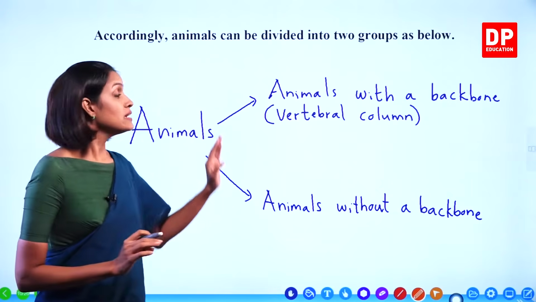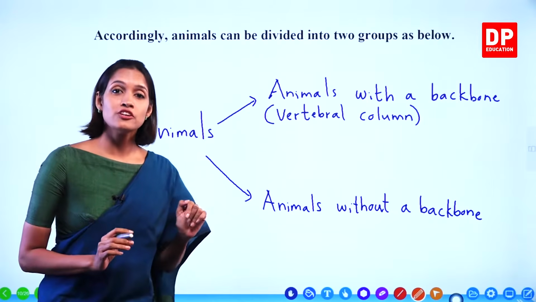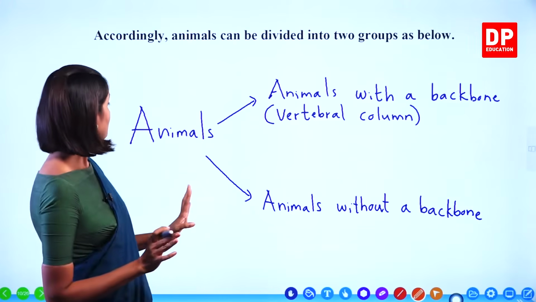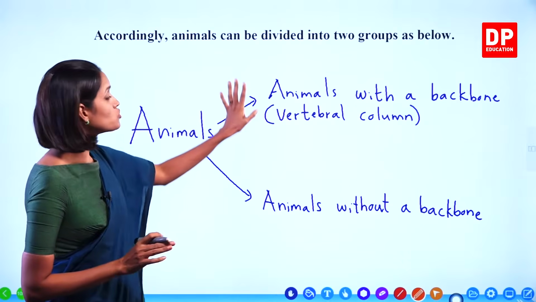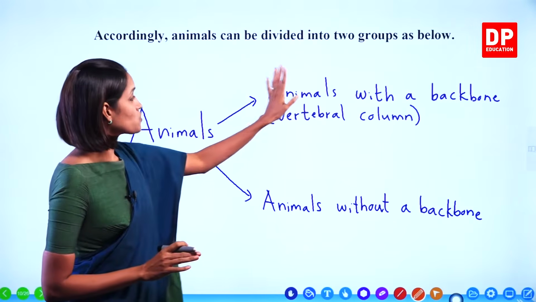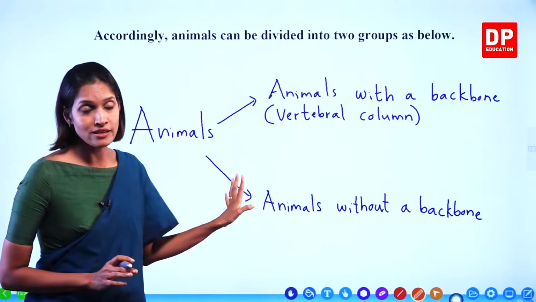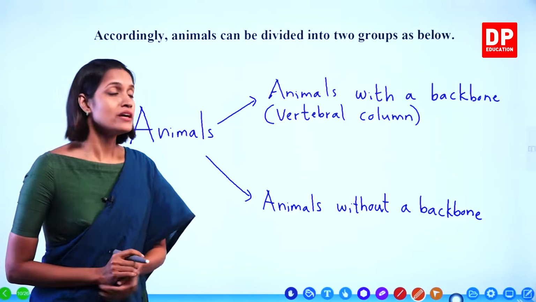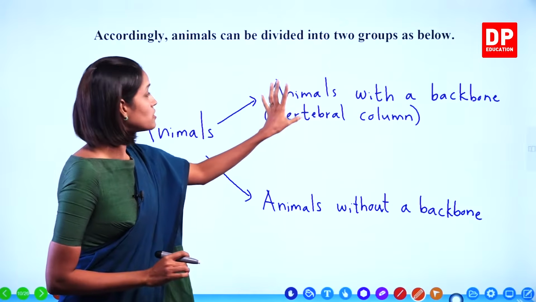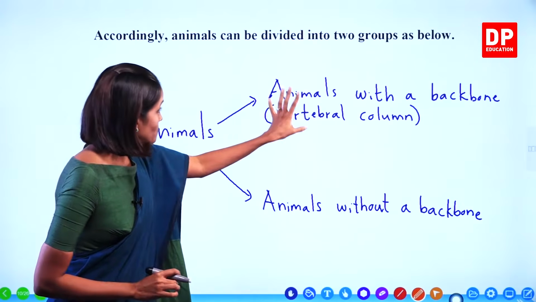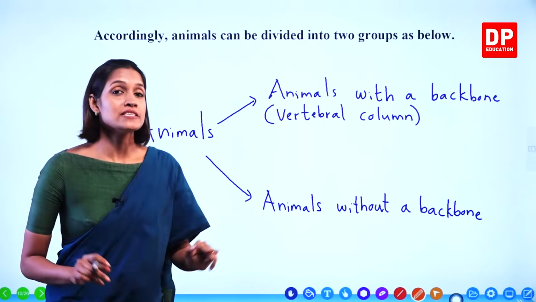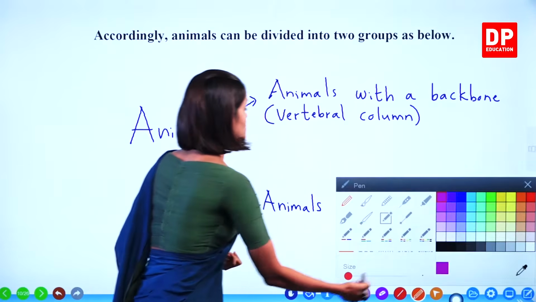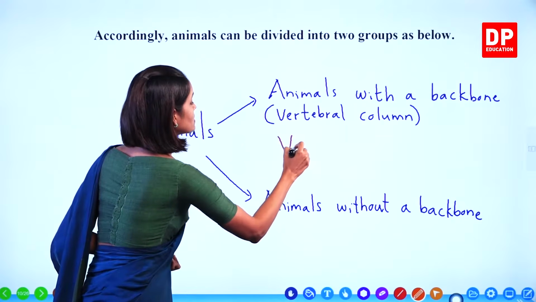I told you this is a more scientific method of categorizing animals than that of using the other methods. Okay? So there are two groups of animals. Animals with a backbone or the vertebral column. Animals without a backbone or the vertebral column. We give a special name to this first group. Animals with a backbone, they are known as vertebrates. Okay? We will write a special name, vertebrates.